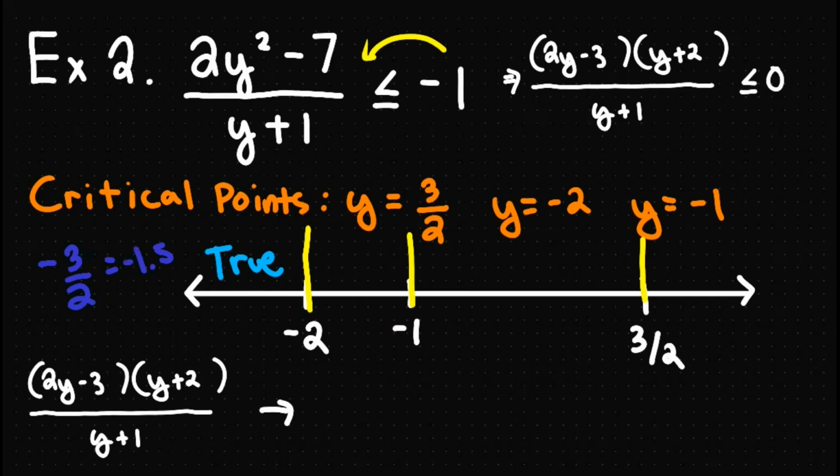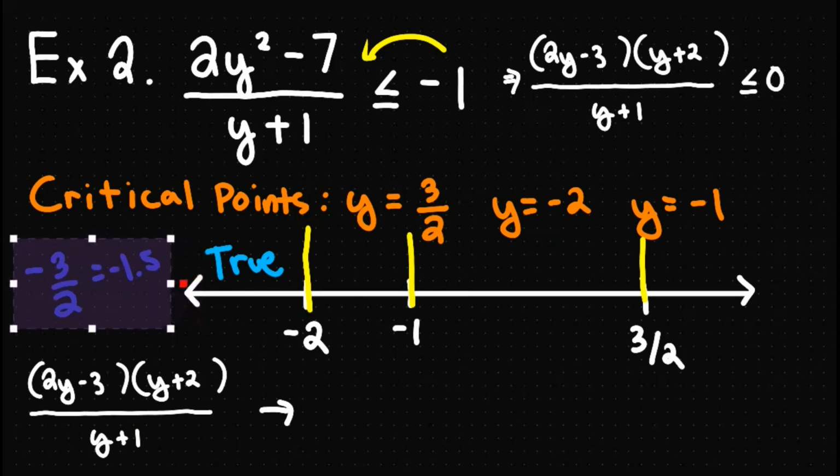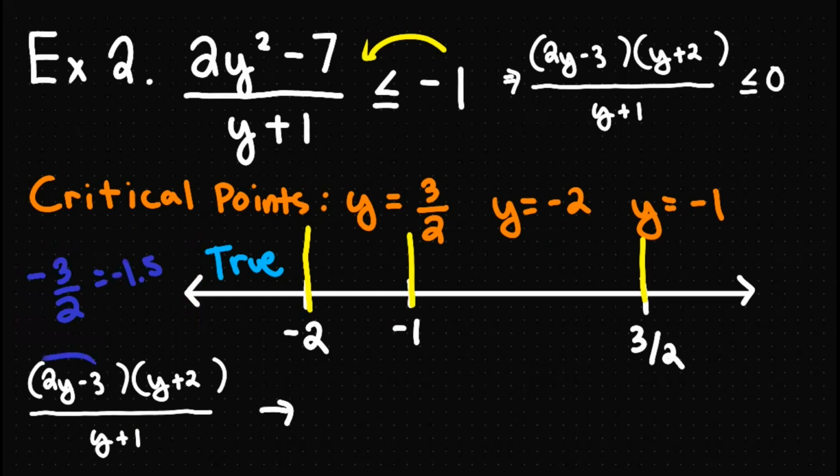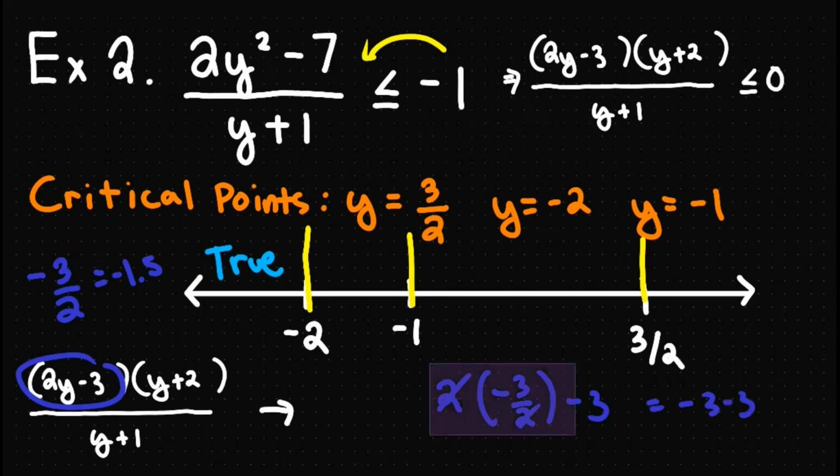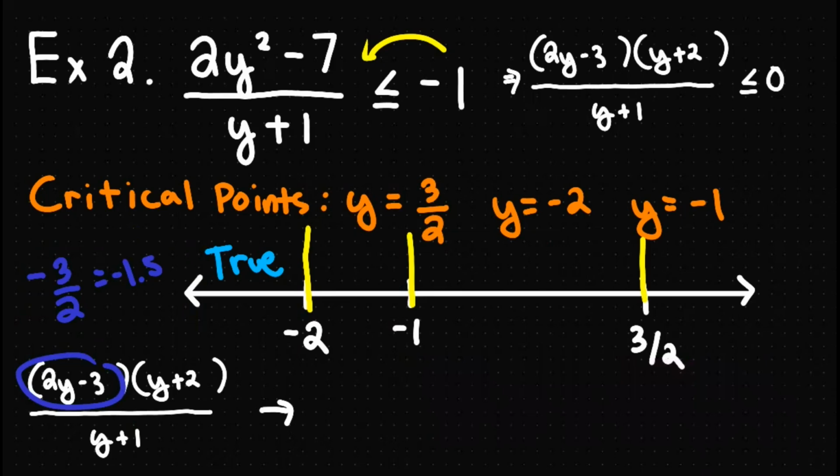At negative 3 over 2, we have 2 times negative 3 over 2 minus 3. The 2 cancels, and we'll be left with negative 3 minus 3, which is negative 6. So we know that the value here is negative.